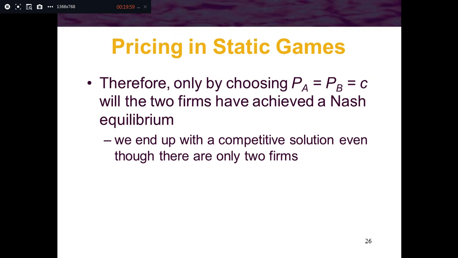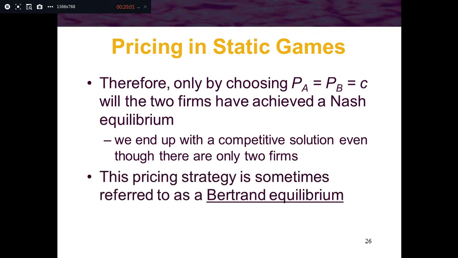So this pricing strategy is sometimes referred to as Bertrand equilibrium.